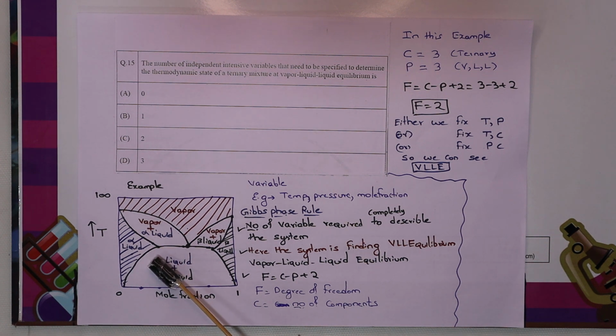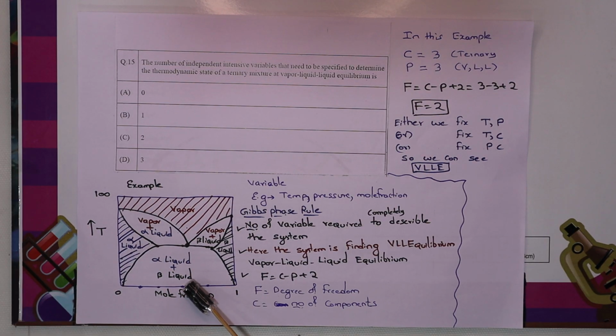Graphically, if we specify this particular temperature and this particular mole fraction of the beta liquid, you get 3 phases in equilibrium: alpha phase, beta phase and vapor phase. Other than this point, there is no other point where you can find all 3 phases at equilibrium.